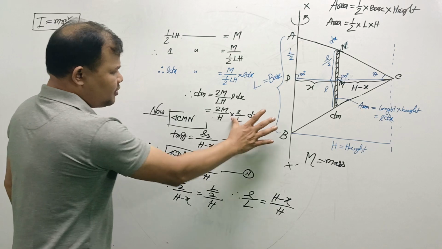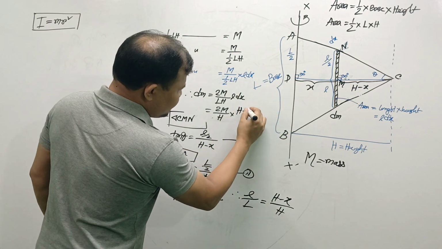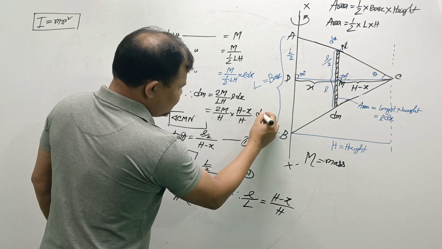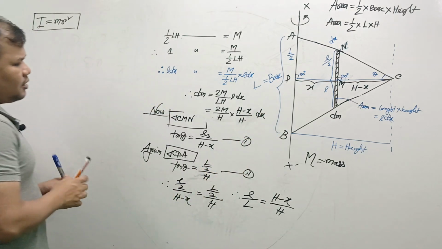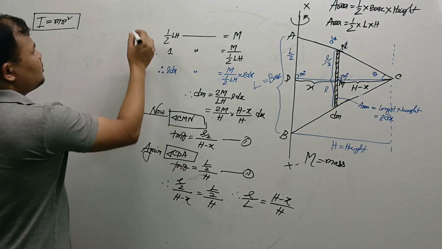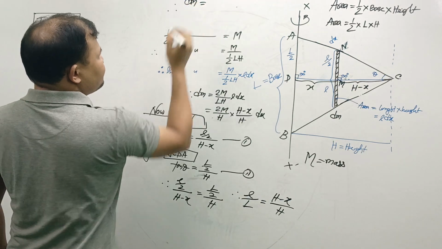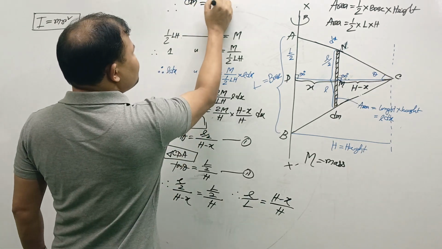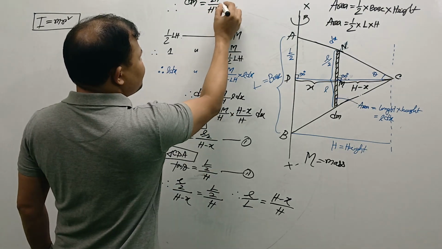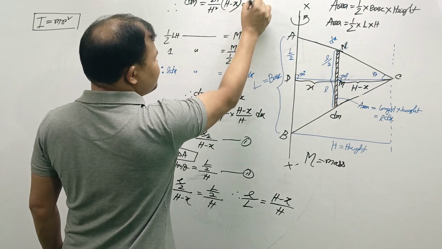So we put here the value h minus x divided by h and dx. So the value of dm will be 2M divided by h square into h minus x dx.